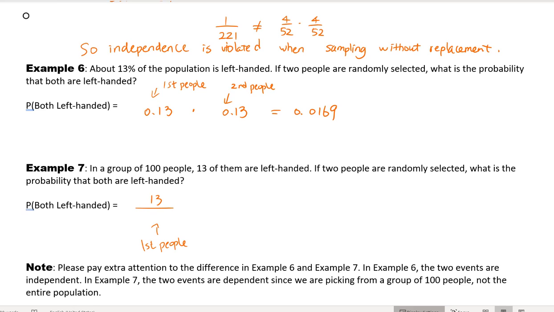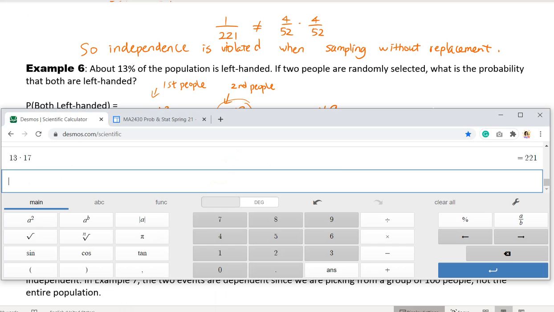We have 13 of them out of 100. But for the second person, because you already picked one left-handed person, there are only 12 left. And now there are 99 people left. Now you can see the second round, they are different.